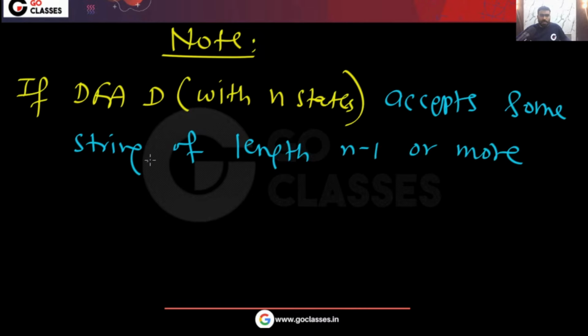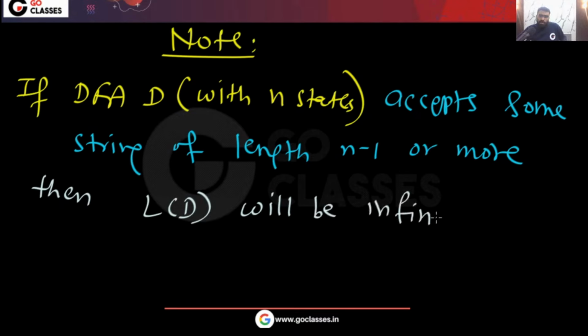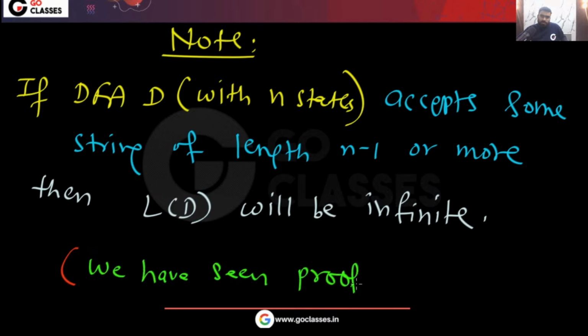So you can see, if DFA D accepts some string of length n minus 1 or more, then the language will be infinite. This statement we have already proven. This proof we have already seen.